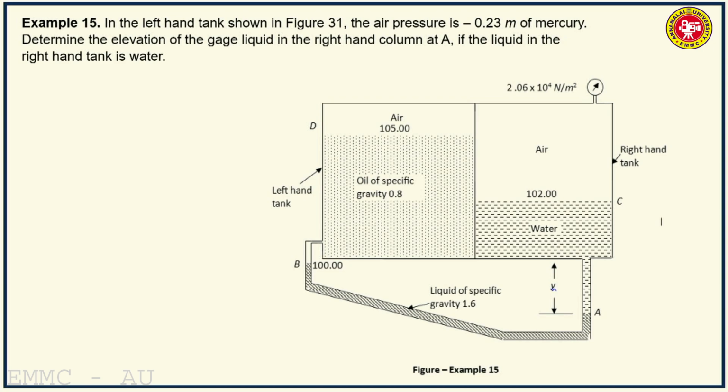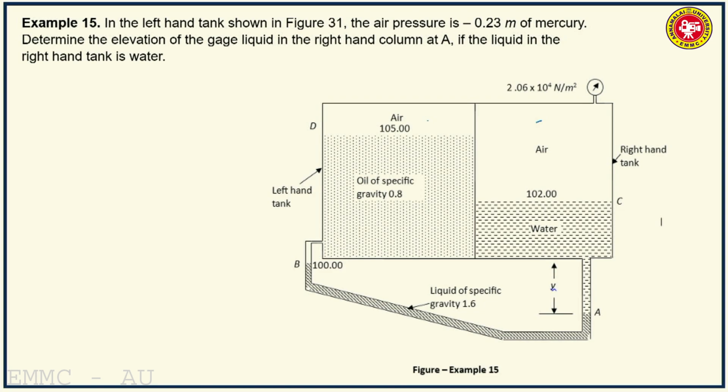So let us go to the next example. Again, we have a tank, that is a twin tank system. This is the left hand tank and this is the right hand tank. The air pressure is minus 0.23 meters of mercury.